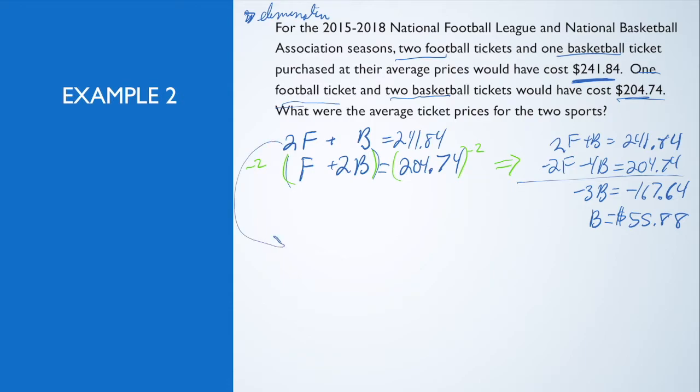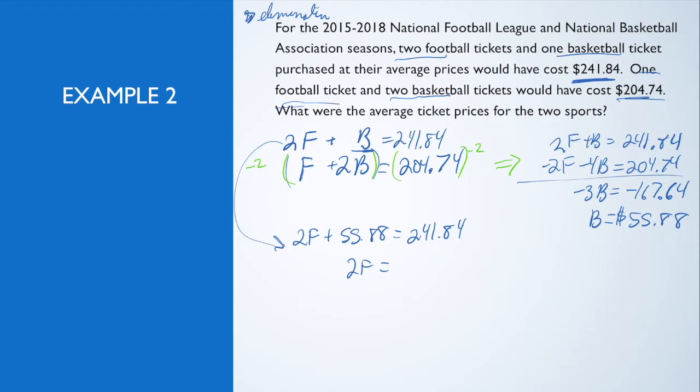So we'll take this first equation. 2f plus b, which is now 55.88, is $241.84. So 2f is... Oh, I did the math wrong on this. Okay, so I'm going to go ahead and subtract.